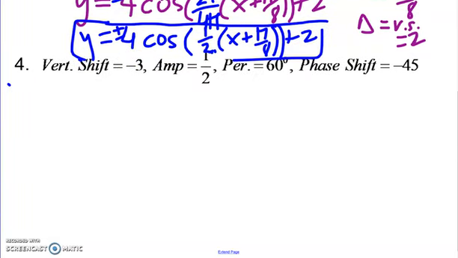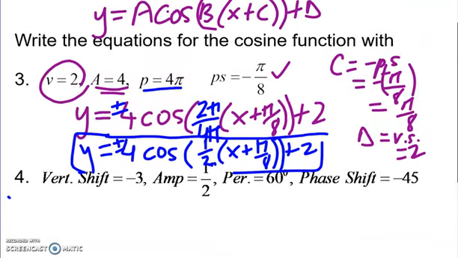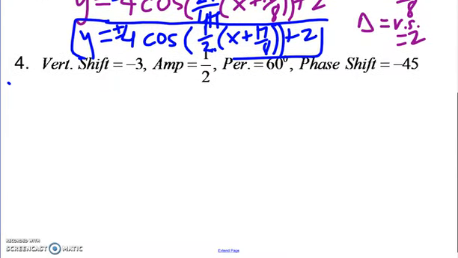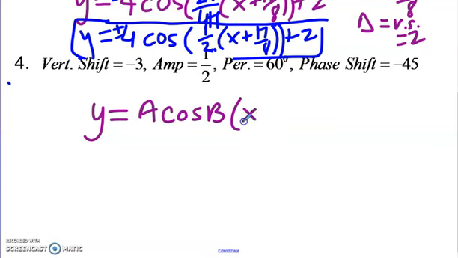All right, so let's do the very last problem here. So once again, we are still working with the cosine. So write the cosine function for this. So we'll write here y equals a cosine b x plus c plus d.